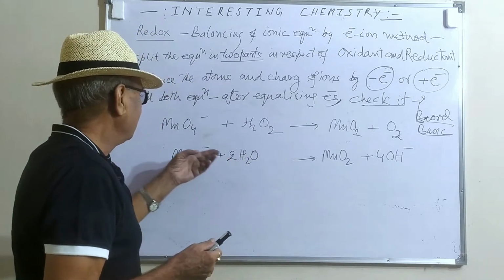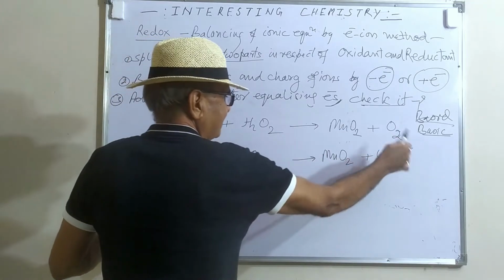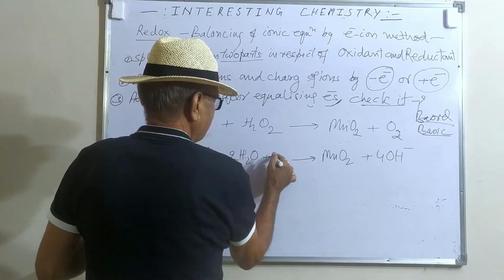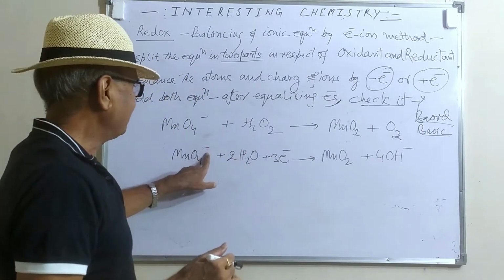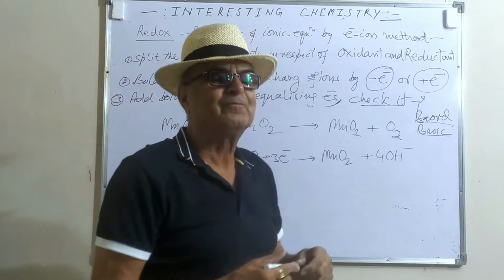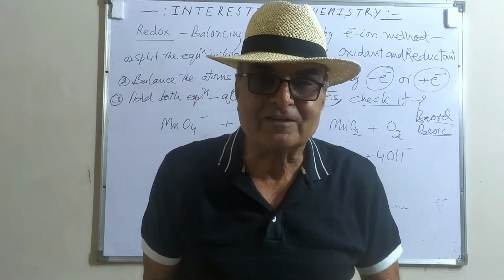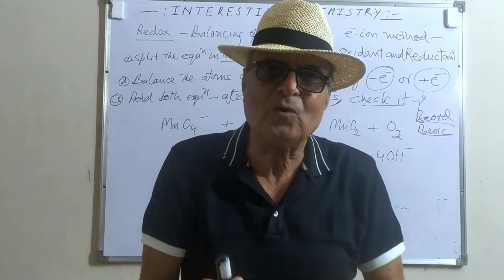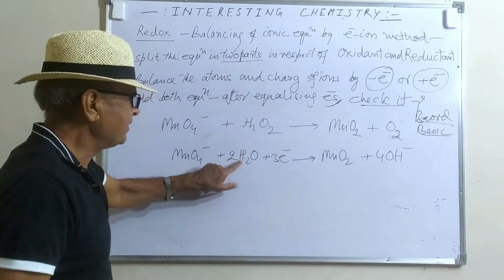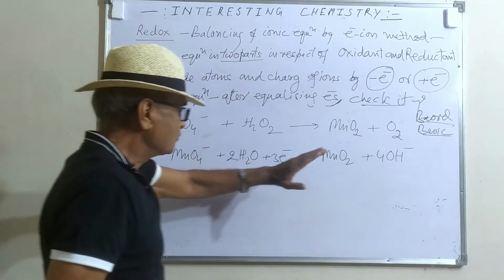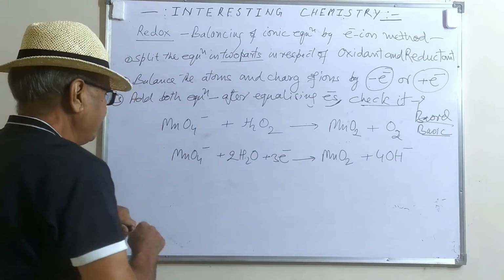Now add here 1 negative and here 4 positive. So we will write here 3 negative, 3 electron. It is 3 negative, 1 negative, 4 negative and 4 negative. It's very easy. But I know that you can't write 2S2 to balance this OH. So to write this equation, I am telling you a rough work.